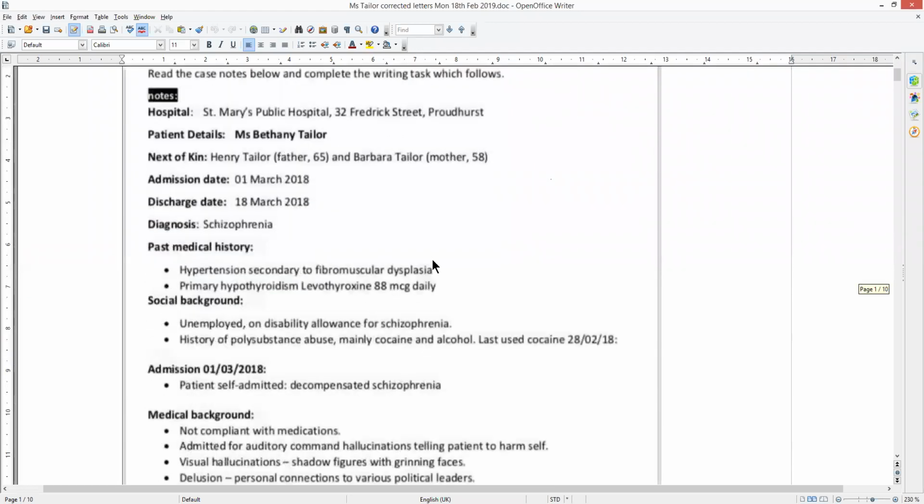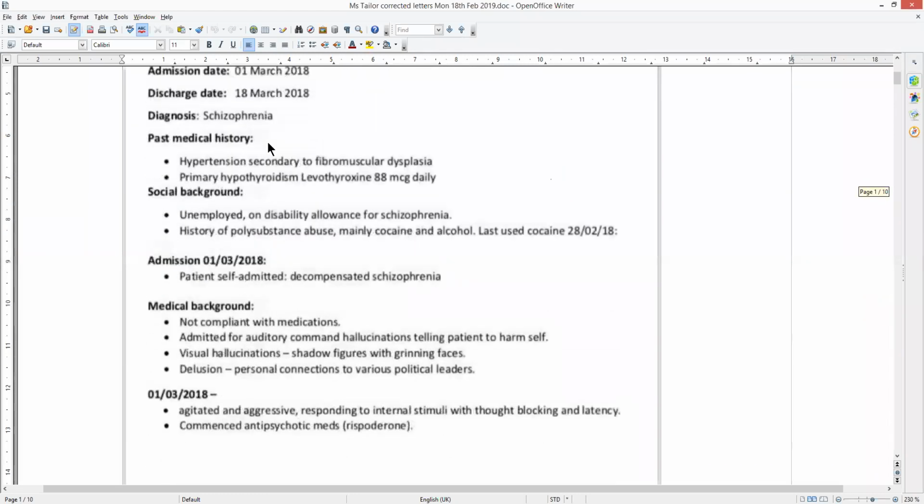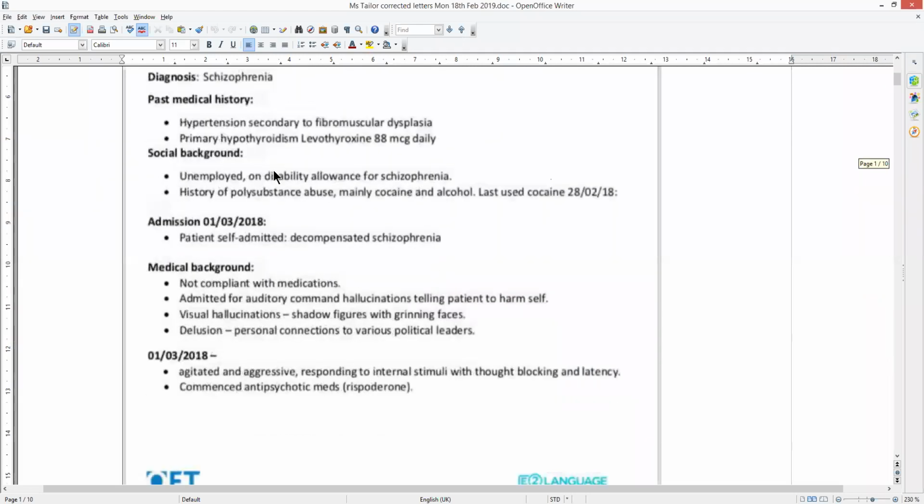So Miss Taylor, okay, she's been in for just over 2 weeks. Medical history, well, that's irrelevant. Social background, now that is pertinent. Schizophrenia, likes a drink and a sniff.